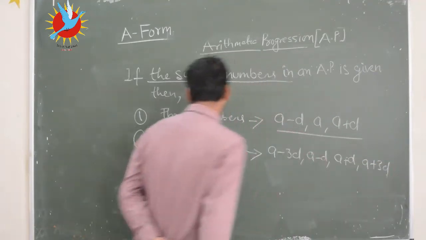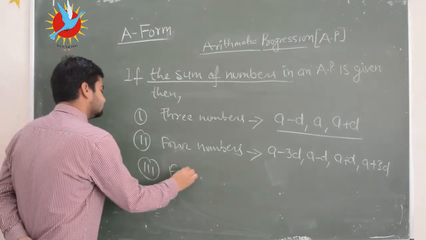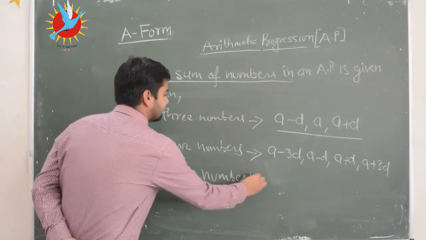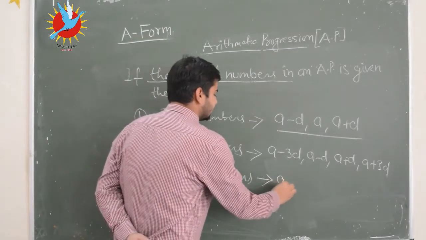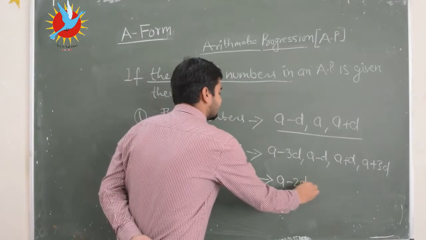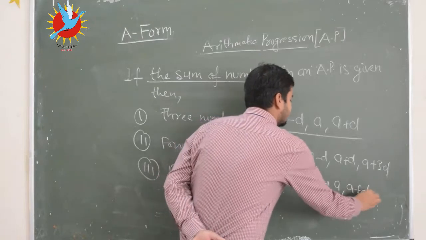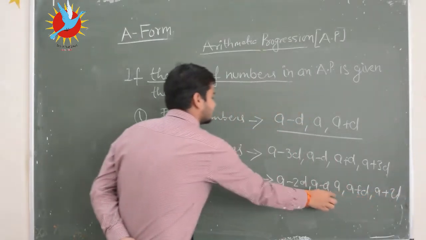And if the sum of 5 numbers is given and we want to choose 5 numbers, for our convenience we will choose the numbers as a minus 2d, a minus d, a, a plus d and a plus 2d. 1, 2, 3, 4, 5.